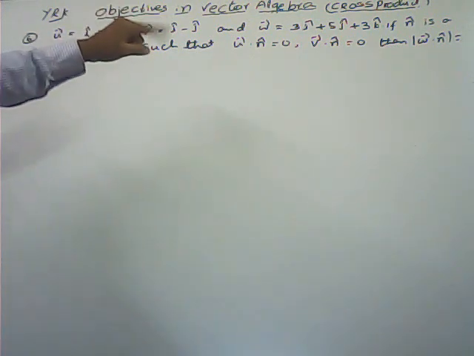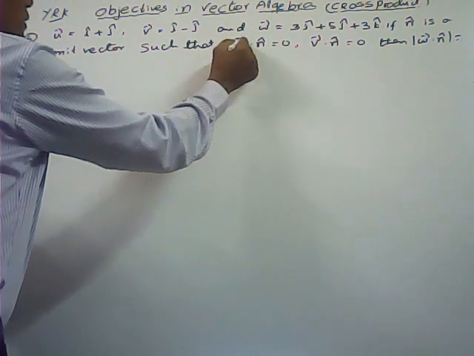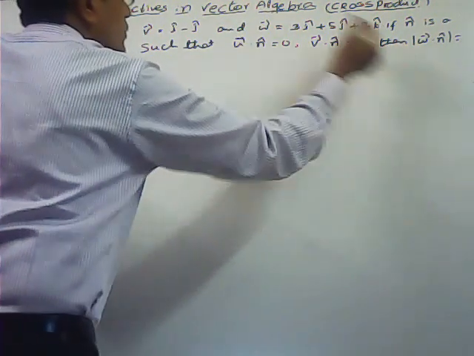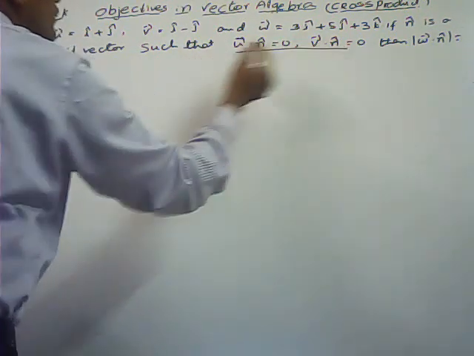Next one, u bar, v bar and w bar, 3 vectors are given. If n cap is a unit vector such that u bar dot n cap equals 0 and v bar dot n cap equals 0, then we want the value of modulus of w bar dot n cap. Here we don't know what n cap is, but these two relations are given.